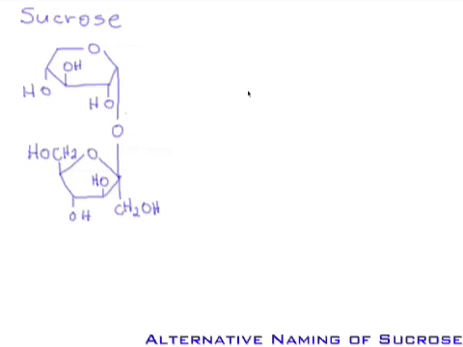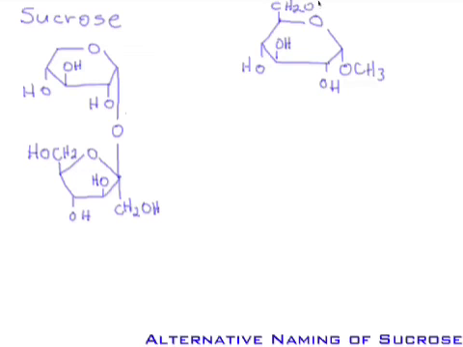if you remember, sugars that had a carbon attached here, like this, were named as glycosides. This is a glycoside. And the way you named this was, if we had an OH here, this would be an alpha D glucopyranose.